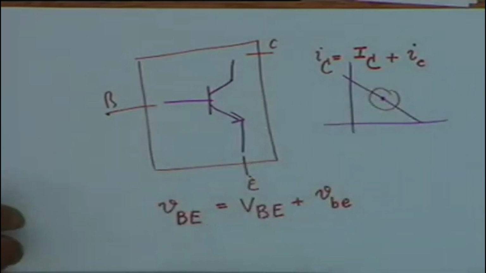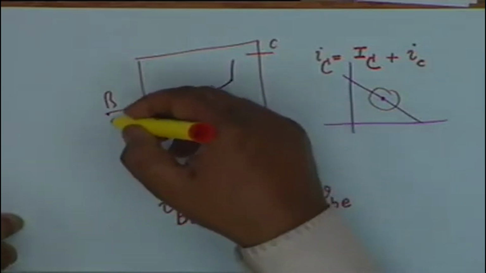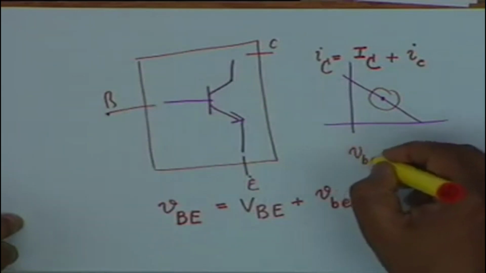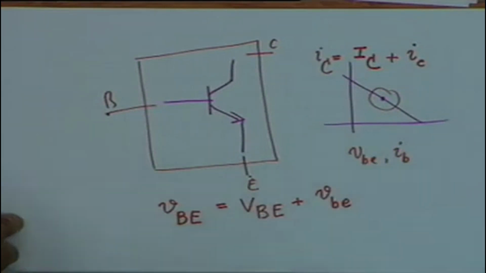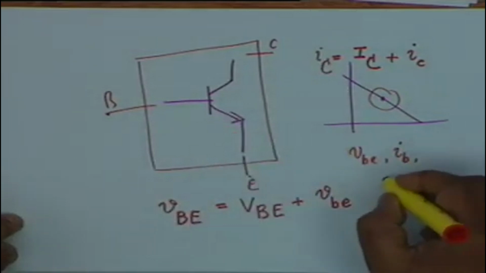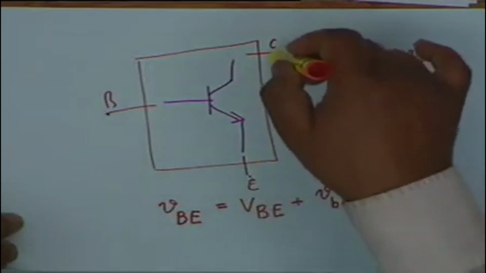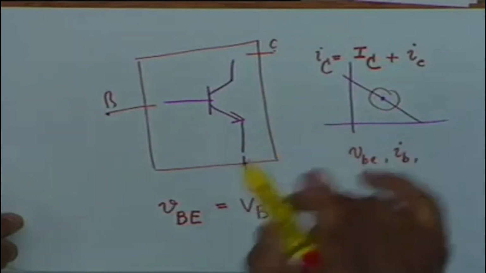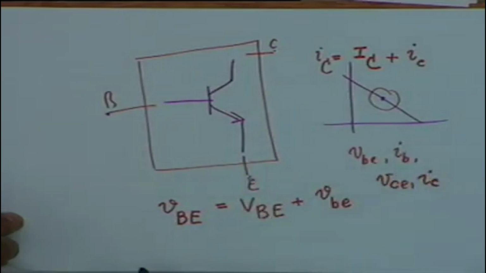For small signal purposes it is absolutely linear, and therefore DC and AC quantities can be divorced from each other. So we relate the voltages VBE, the small signal current going into the base i sub b, VCE, the small signal voltage from collector to emitter, and i sub C as the 2-port variables.